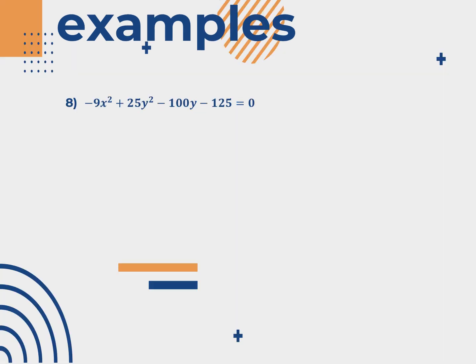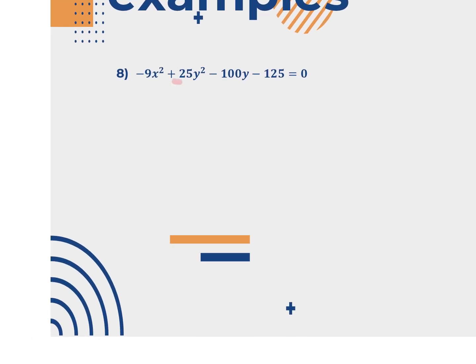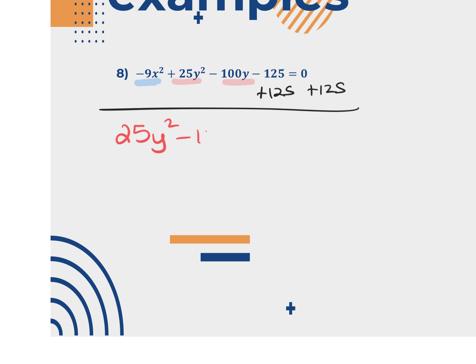So let's try the next one. Again, I've got an x squared and a y squared. So again, let me go ahead and rearrange it. So I'm going to put these first, and then I'll put this second, and then I'm going to move the constant to the other side. So now I get 25y squared minus 100y, leave a blank space, negative 9x squared equals 125.